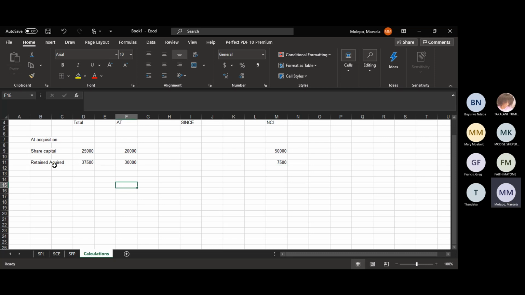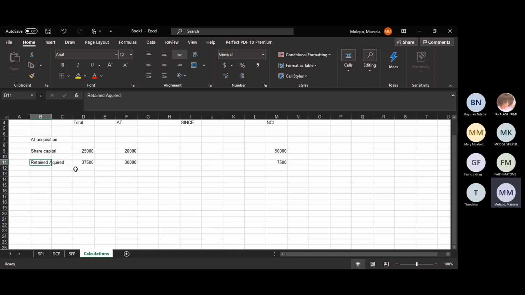Then there is no other. The revaluation was not done on 1 April. Instead, when you check adjustment number 3, it is the policy of the group to revalue the land every 3 years. Since incorporation, the land of Khatebe was only revalued on 31 March 2030.